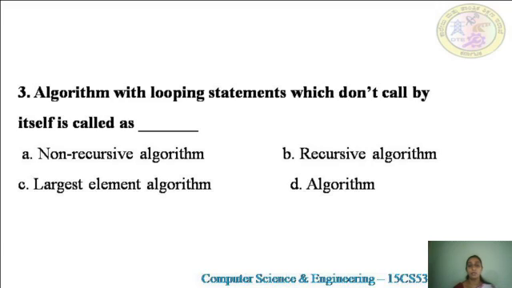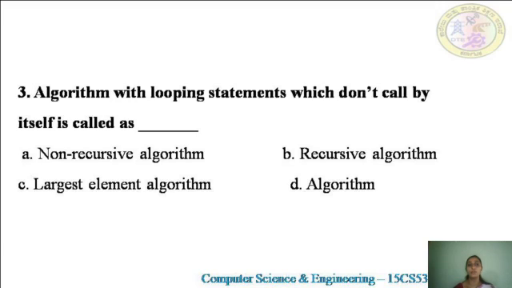So this question is on the types of algorithms. Algorithm with looping statements which do not call by itself is called as dash.